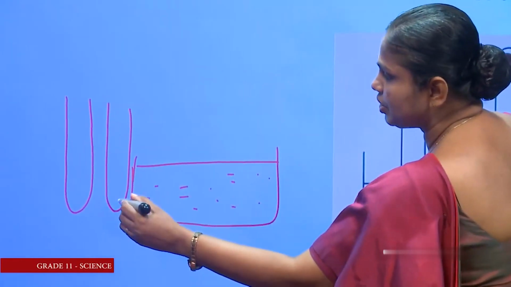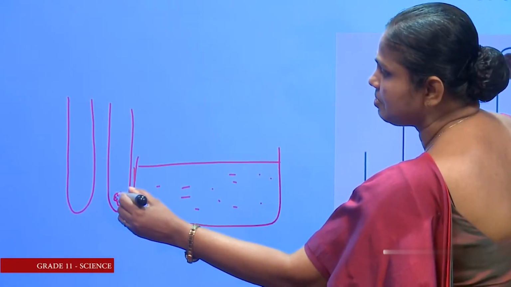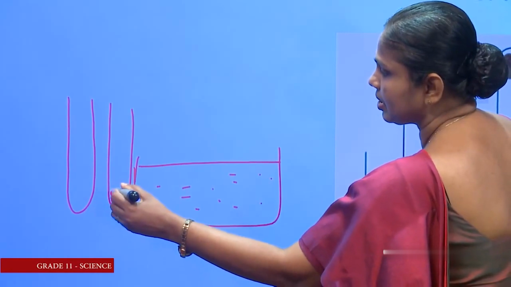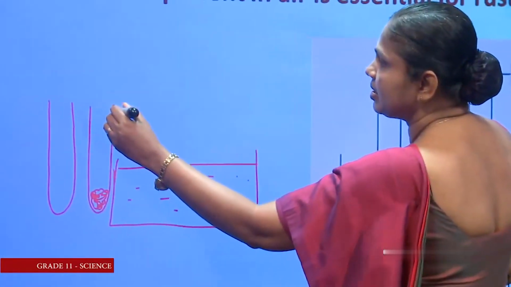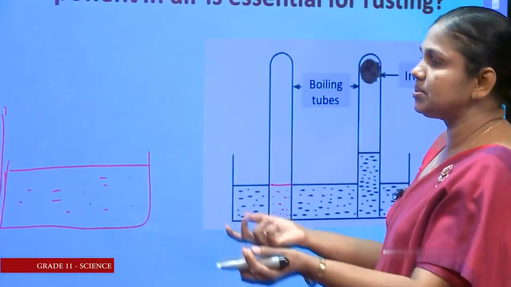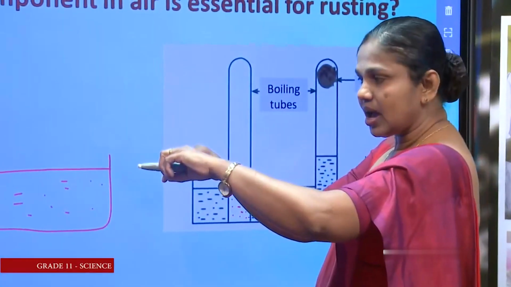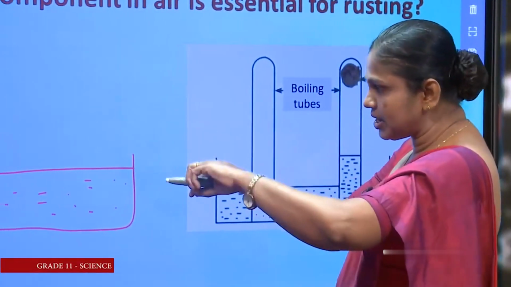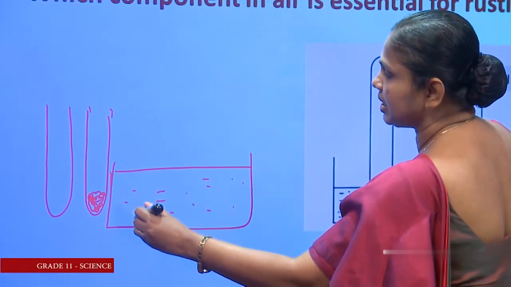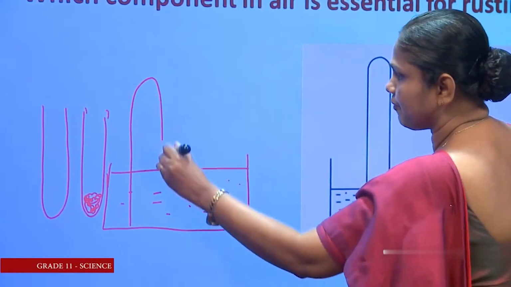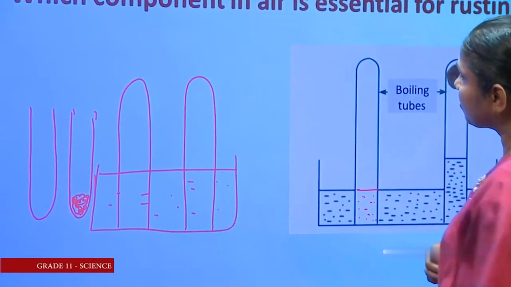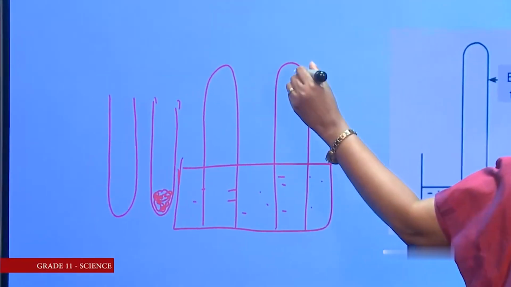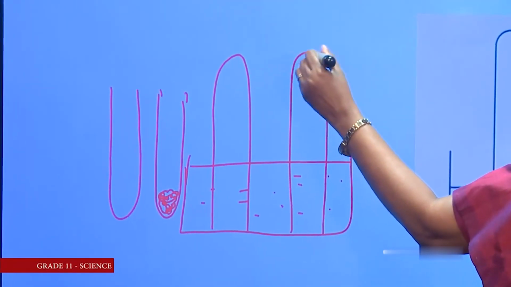For one test tube only, some iron wool is inserted, and then both test tubes must be turned upside down and inserted into this trough of water. Right, now this is iron wool.